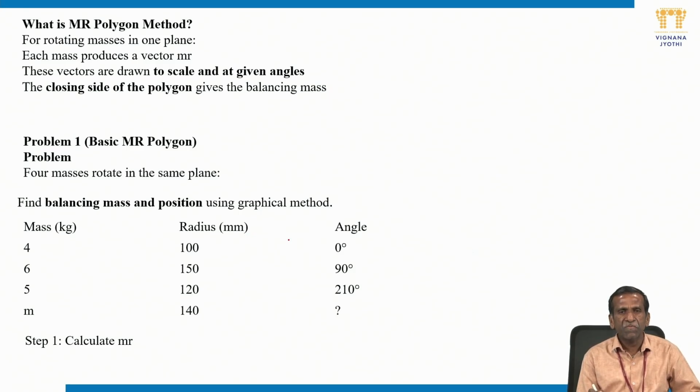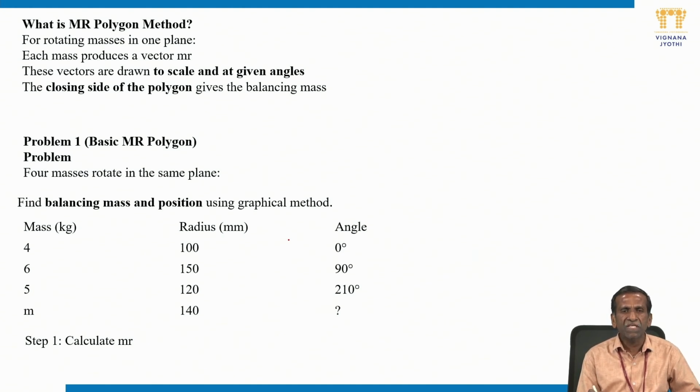What does polygon basically mean? For rotating masses in one plane it is easy, you take single force vectors and draw the polygon. Each mass produces a vector MR. These vectors are drawn to scale at the given angles, that we did just now. The closing side of the polygon gives the balancing mass, that we have done.